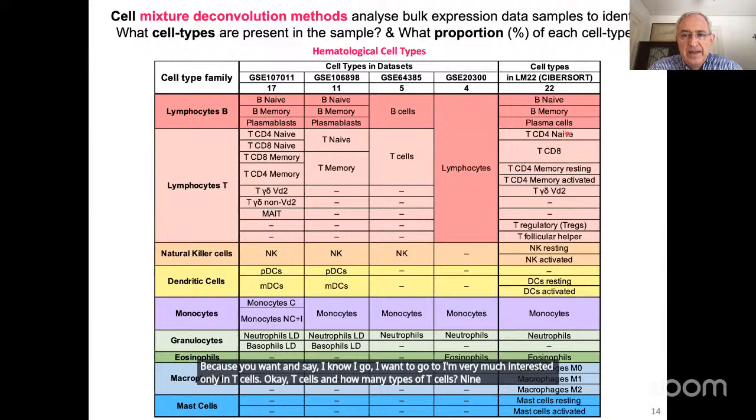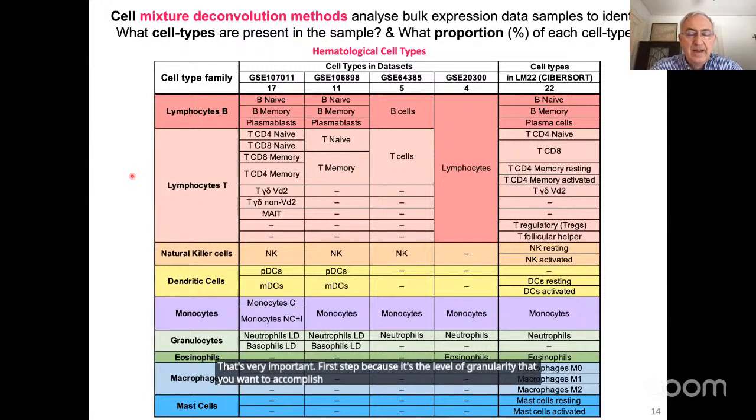For example, naive, CD4 positive, CD8 positive, memory, resting memory, regulatory, follicular helper. You see 1, 2, 3, 4, 5, 6, 7, 8 different types in our CIBERSORT matrix, and CIBERSORT has a signature for each one of these T cells. Or we want just to identify lymphocytes, or T cells and B cells. That's a very important first step, because it's the level of granularity that you want to accomplish.